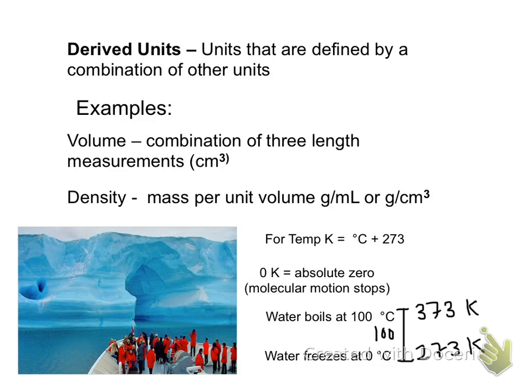So a degree in either system is worth the same amount. If you go up a degree in Celsius and up a degree in Kelvin, you go up by the same amount. But they're just 273 degrees apart. If you go up a degree Fahrenheit and you go up a degree Celsius, you're going up different amounts. You're going up more when you go up a degree Celsius than you are going up a degree Fahrenheit.